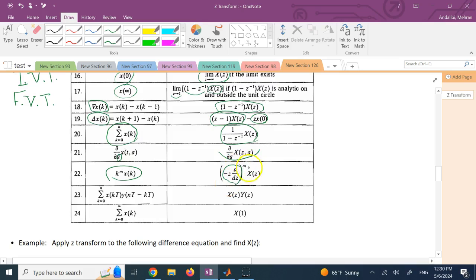So for instance, if m is 2, then this is going to be negative z d/dz to the power 2, so you have to take that and apply it twice. And here is the convolution of two signals. Convolution of two signals becomes multiplication in the z domain, just like the Laplace transform.